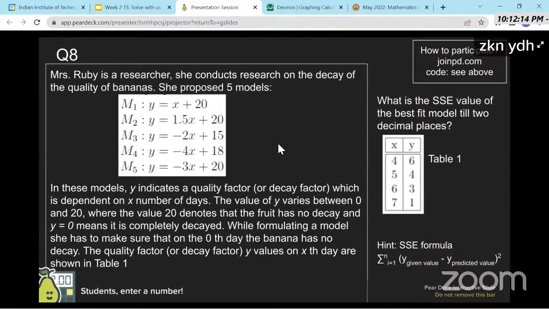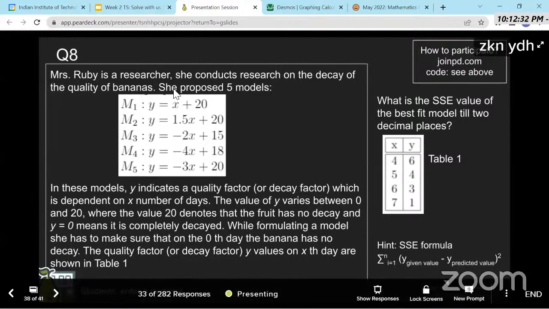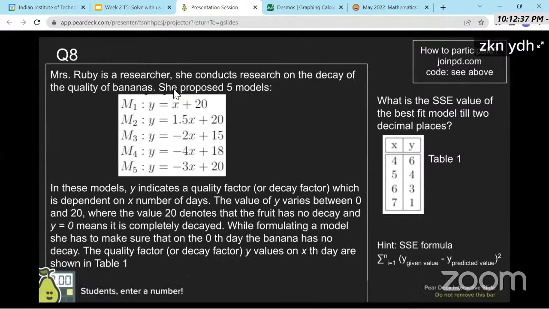Exactly. That is perfectly right. But here, I'm assuming one thing: the first point is on the line. But look at the data. Even if you choose that way, the first point will fit, but as the other x values increase, the sum squared error will be very, very large, right?